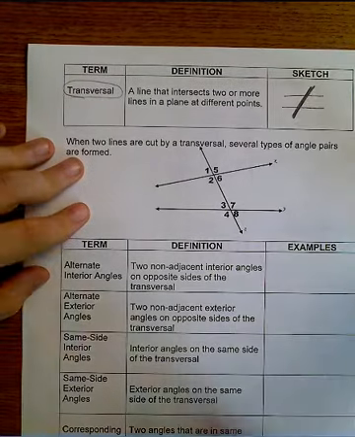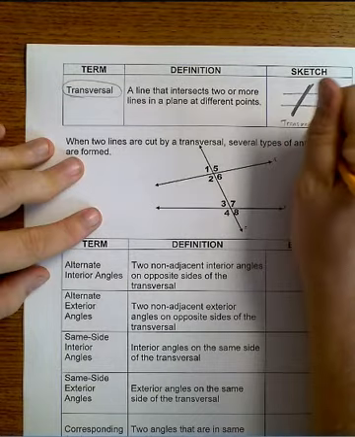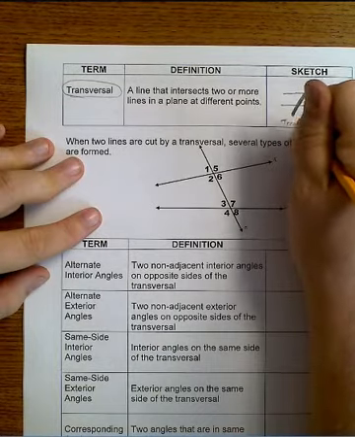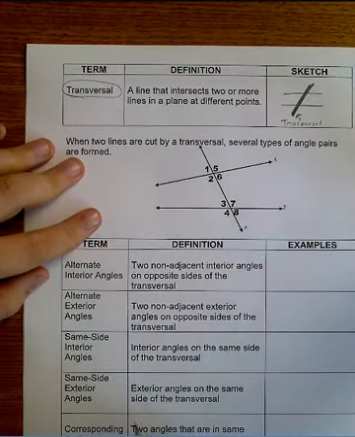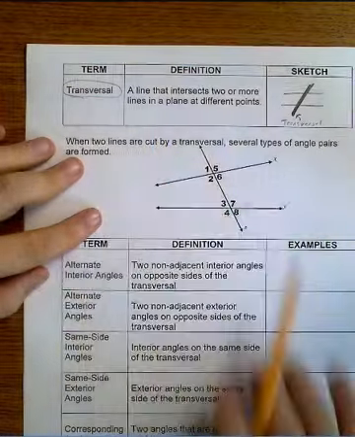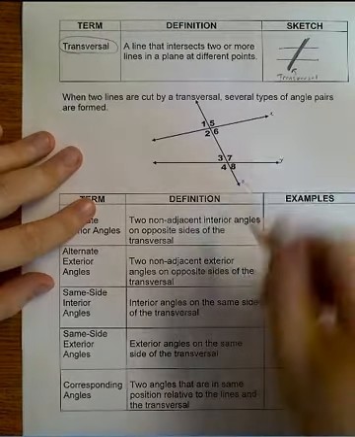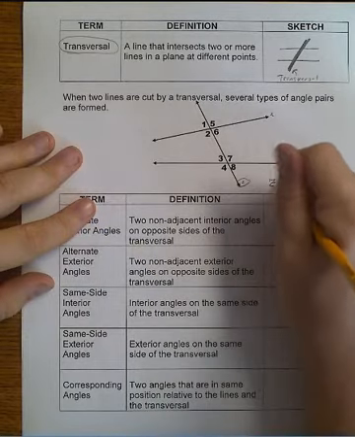So this bold line is my transversal. Now, given this, I'm going to look at my picture, and I would say that line Z is my transversal.